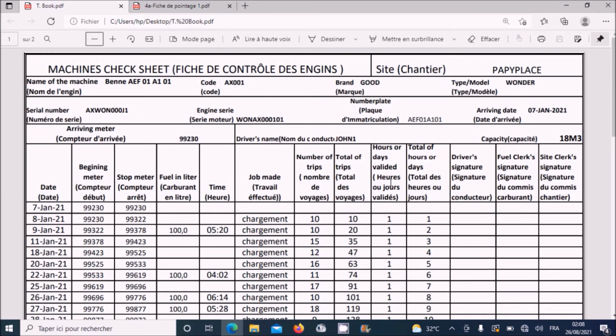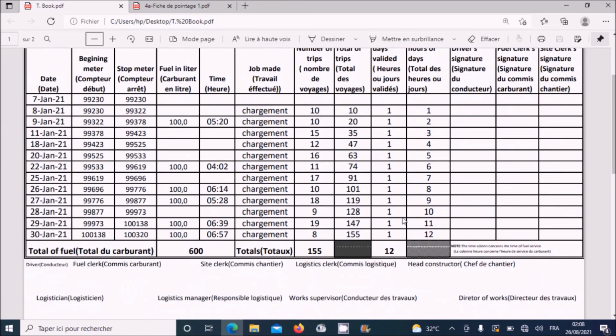Here we have the number of days validated because here we have a truck, so the rental is per day, and we have the total below here. This is for the fuel.